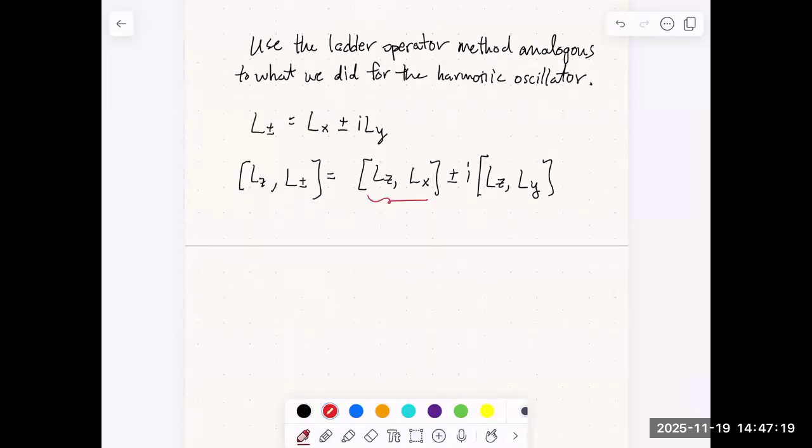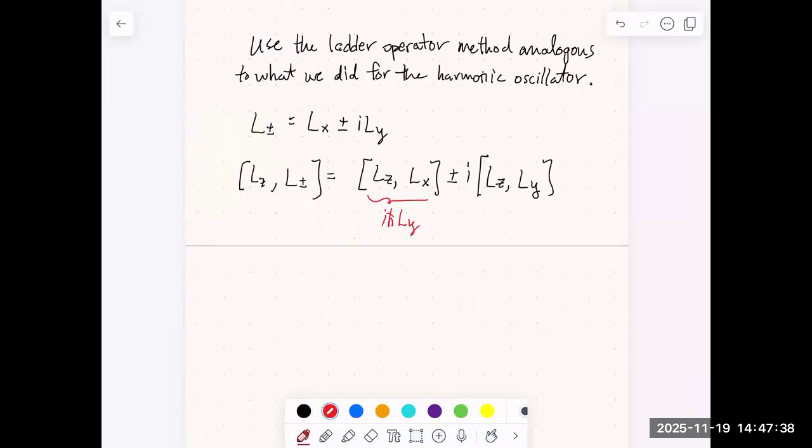Some of these things we've already deduced. Remember, we just have to think about the order of X, Y, Z. It's i h bar Ly. That better be what it is, and it is i h bar Ly. This one is in the wrong direction, right?